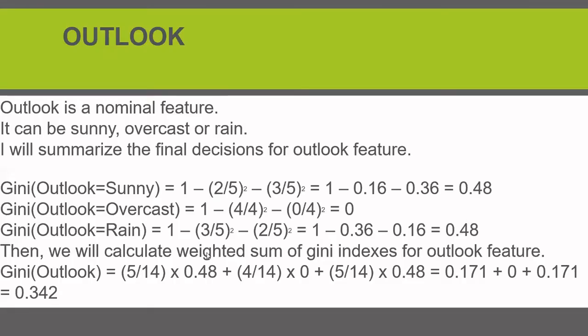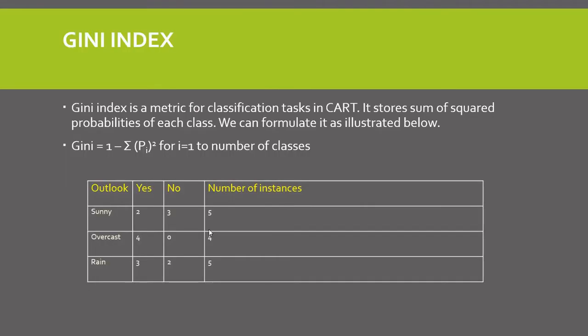Now we need to find the Gini index. So we got how many instances we have for the classes. When outlook is sunny, yes is 2 times and no is 3 times. Like this, we need to find the Gini index, and we will apply the formula. To do that, we find the probability: probability of yes is 2 by 5, and no is 3 by 5.